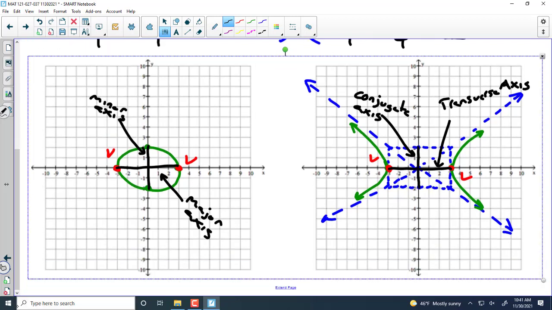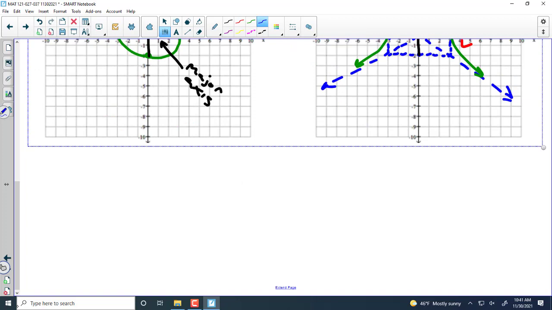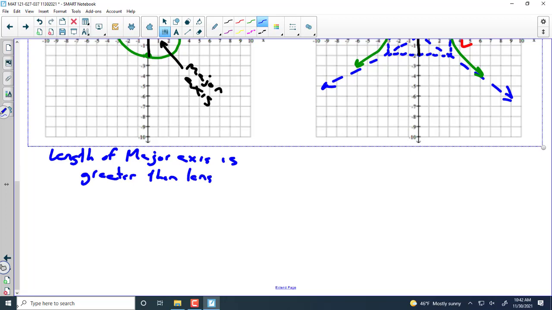What we can say is the length of the major axis is greater than the length of the minor axis.